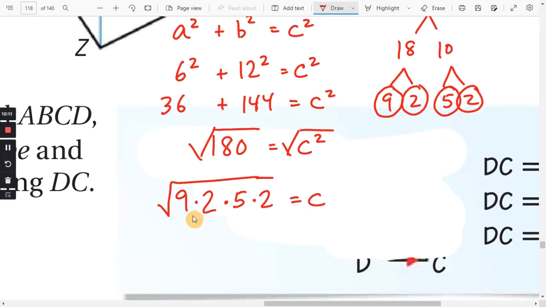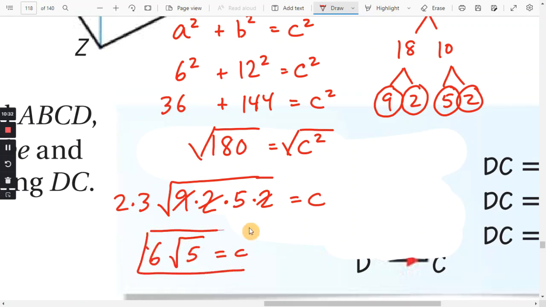All right, square root of 9 is 3. Square root of 2 times 2 is just 2. And we're left with a 5. 2 times 3 is 6. And we still have radical 5 left over. And that equals C. Again, if you're in college prep, just do the square root of 180 on the calculator, round to 1 decimal.